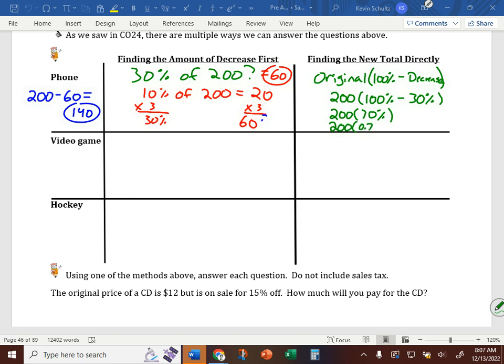And what is 200 times 0.70? Spoiler alert, we already found it. What is it? 140. You didn't have to do anything extra here because what this formula does is it takes the original value, it has that 100%, and you're already subtracting the 30% from it. Here, you found the 60, then subtracted from the original. The formula does it for you.